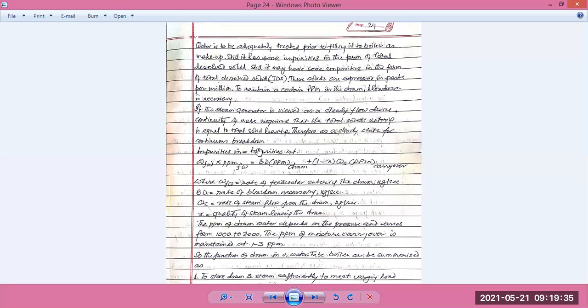Therefore, at steady state there should be continuous blowdown itself. The impurities in are equal to the impurities out.